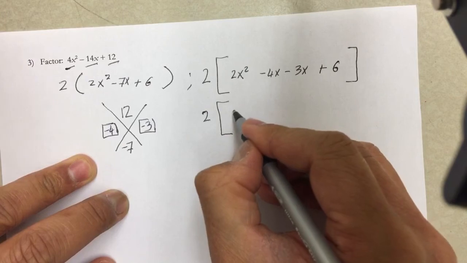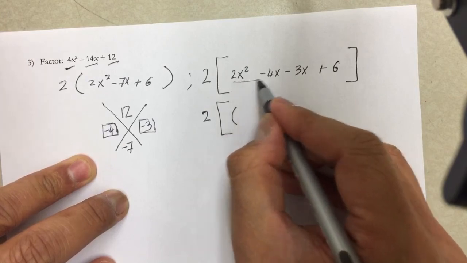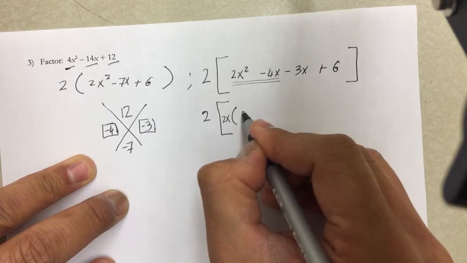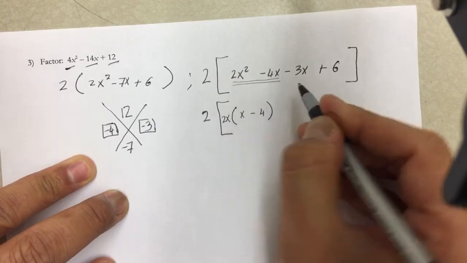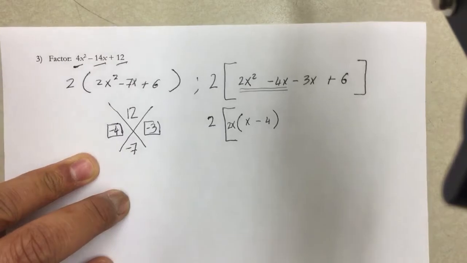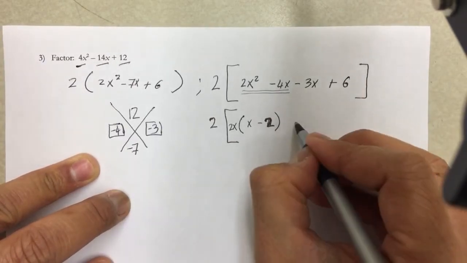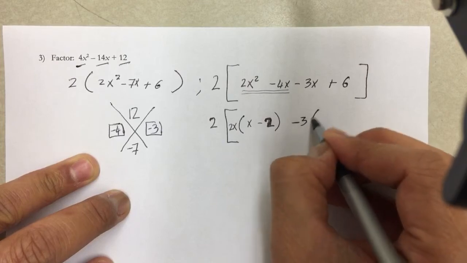And so in here, I group the first two terms, which allows me to take out a 2x. When I group the last two terms, I can take out a negative 3.